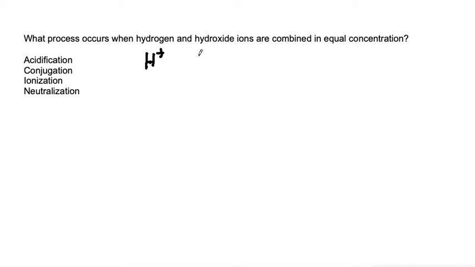And hydroxide ions are a polyatomic ion that is OH-, and that's just something that you have to memorize, that hydroxide means OH-. So when you combine H+ and OH-, what that forms is we have 2 hydrogens and 1 oxygen. So what it forms is H2O, or water.